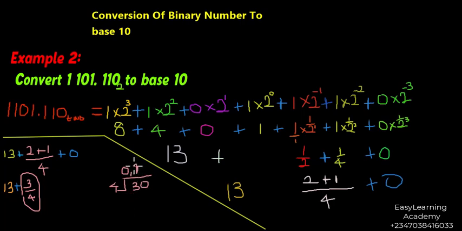Now 4 times 7 will give us 28. We can now subtract. 30 minus 28, that will be 2.